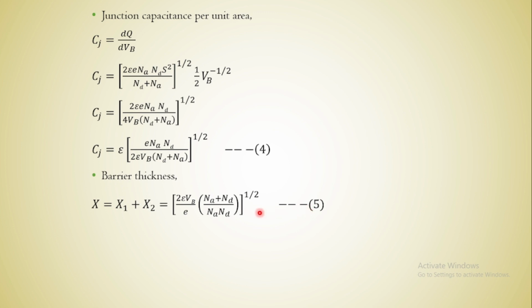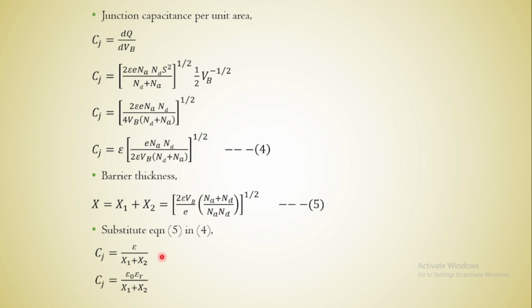And now if you observe equation 5 and equation number 4, it is clear that this term is nothing but 1 by x. So simply substituting the value of barrier thickness in junction capacitance, we get Cj equals epsilon divided by x1 plus x2.